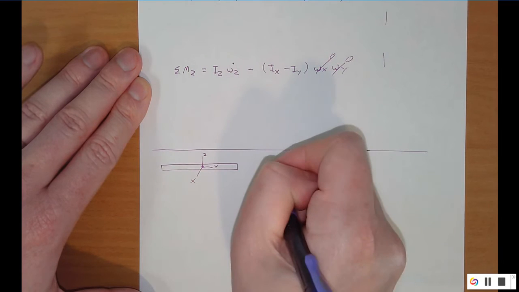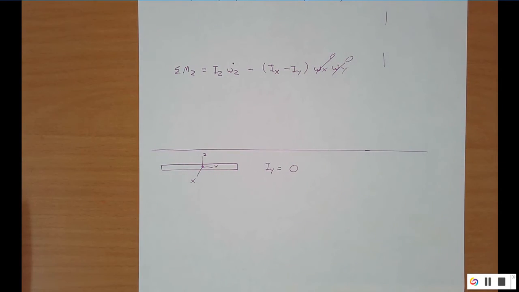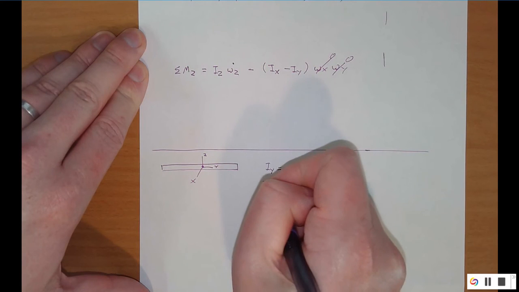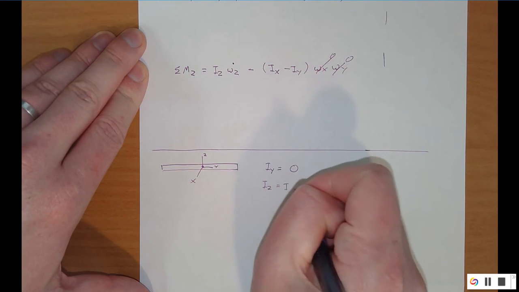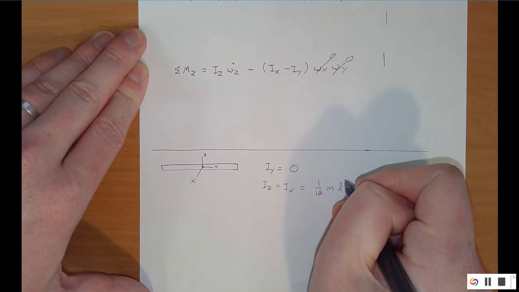So if I go find Iy in the back of the book, it's going to be 0 for a slender rod, because we weren't given a radius for this rod, so it is going to be assumed to be 0. Iz is the same thing as Ix, and this is going to be 1/12 mass length squared.